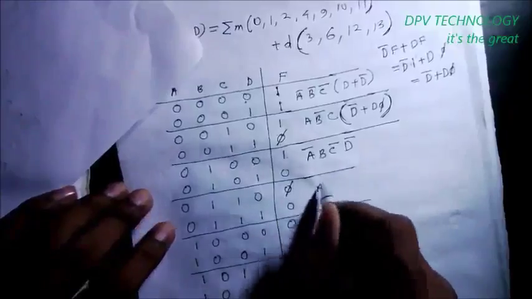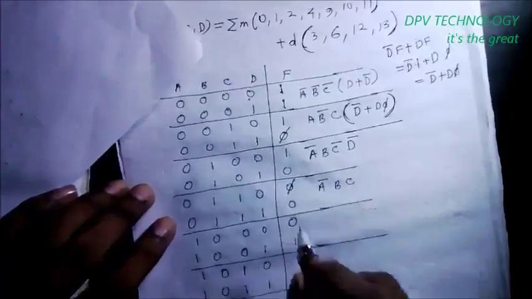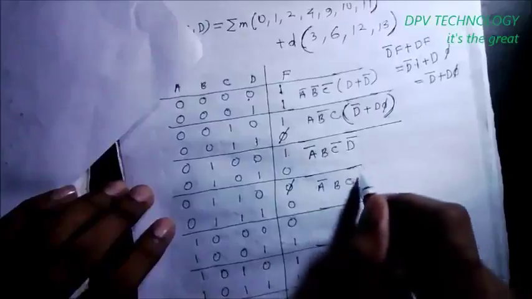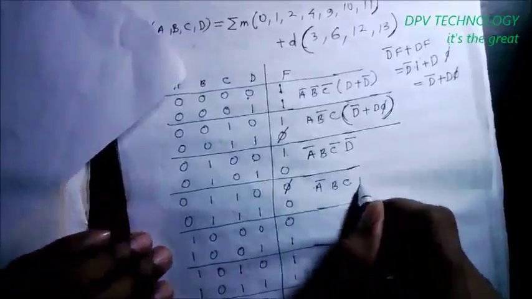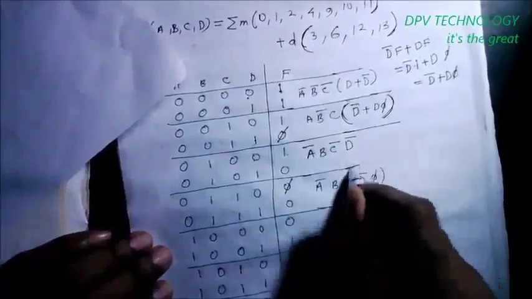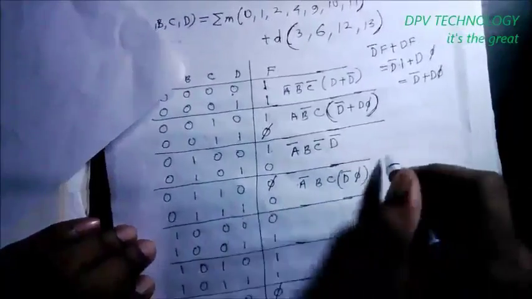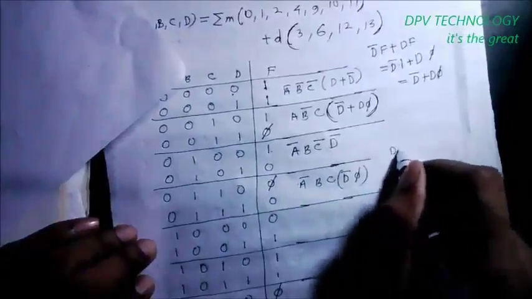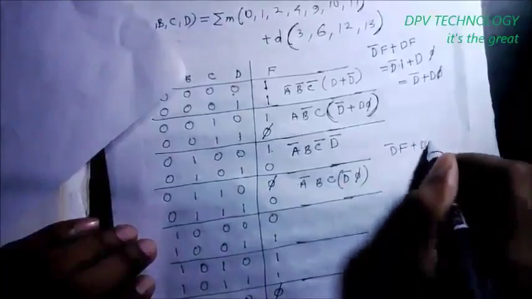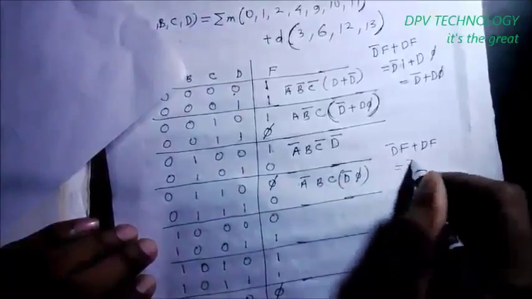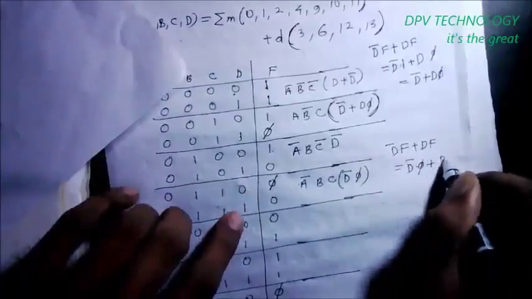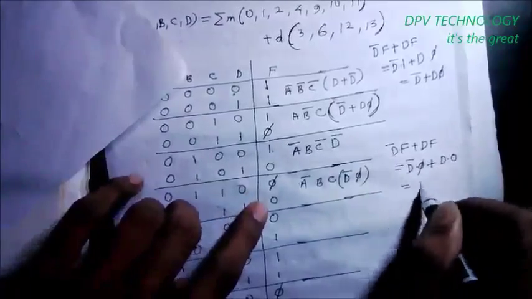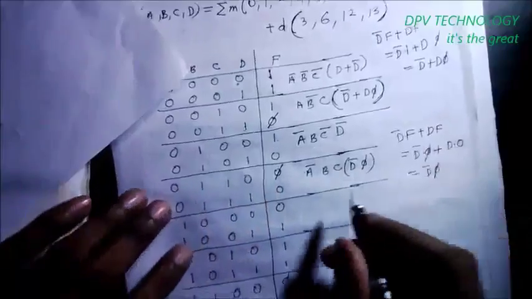Then we have A bar, B, C. Here you will get D bar don't care. You can see this also like this: D bar F, DF, put here D bar, the value of F is don't care, or here D and F is 0, so you will get D bar don't care.